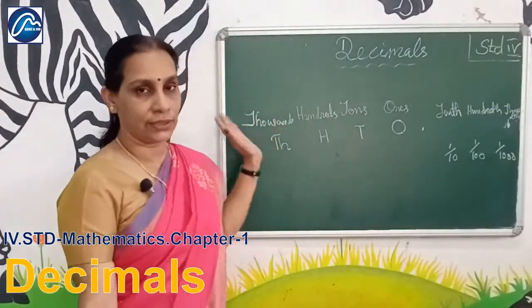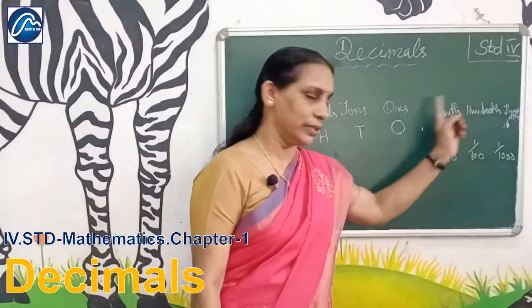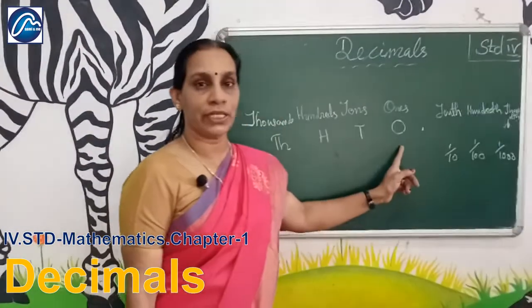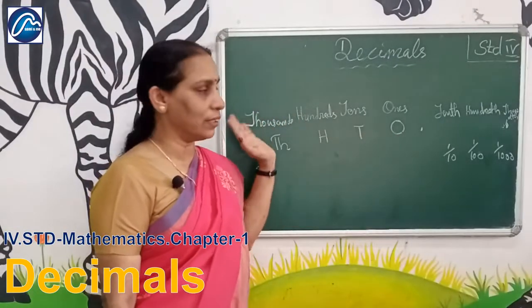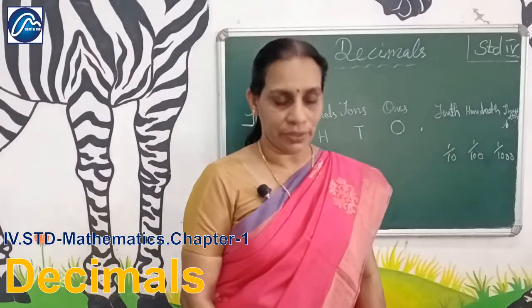Going left means it is increasing, and 1 by 10 times 10 will be once. Going left means it is increasing. Going right means it is decreasing by tens.